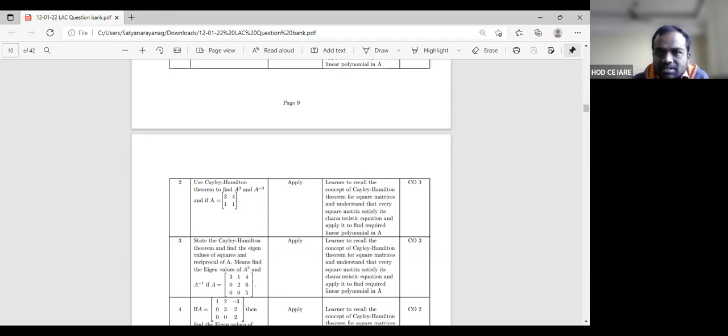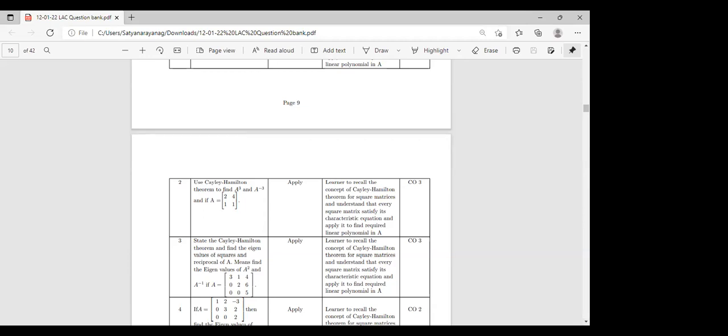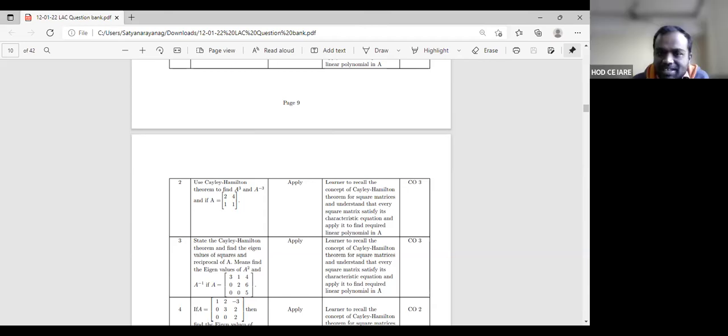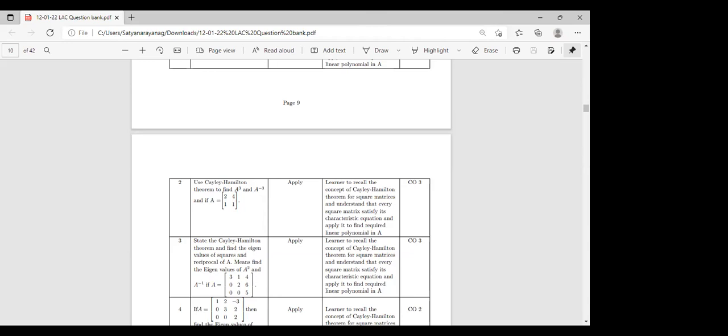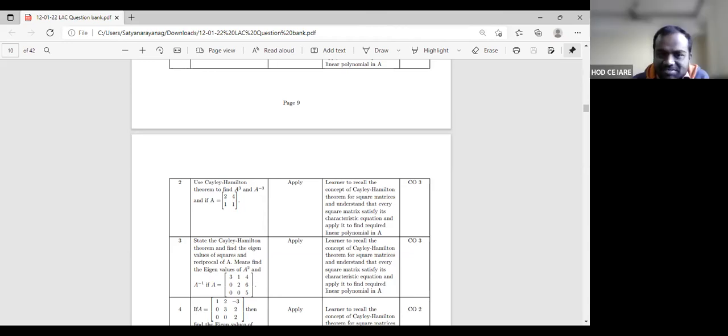Hello. What is the Cayley-Hamilton theorem? Amma మాట్లాడండి. Every square matrix satisfies its own characteristic equation. క్యారెక్టరిస్టిక్ ఈక్వేషన్ అది అంతవరకు ఒక క్వశ్చన్ అన్న అంతవరకు మనకి ఒక ఆన్సర్.